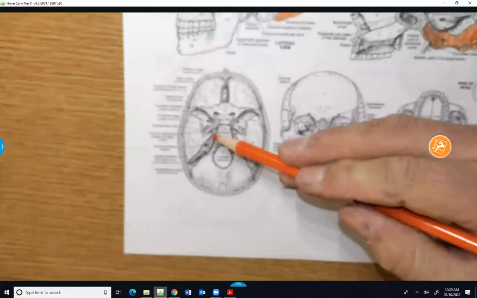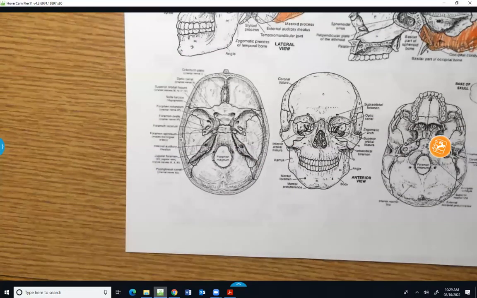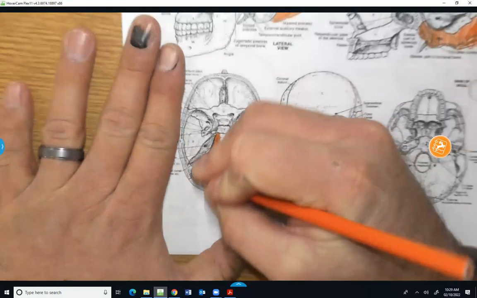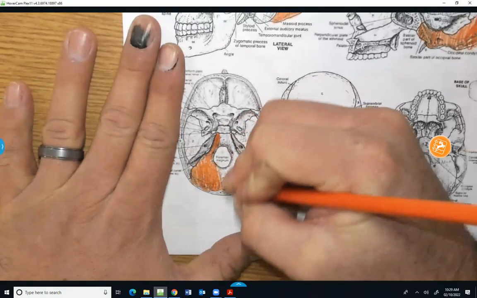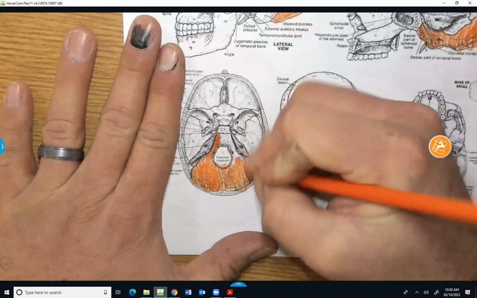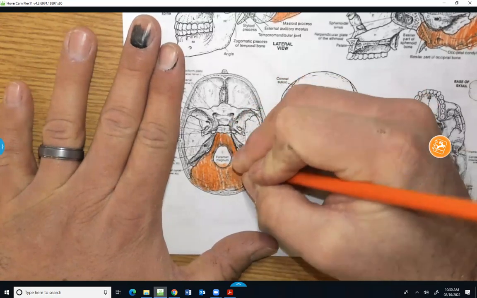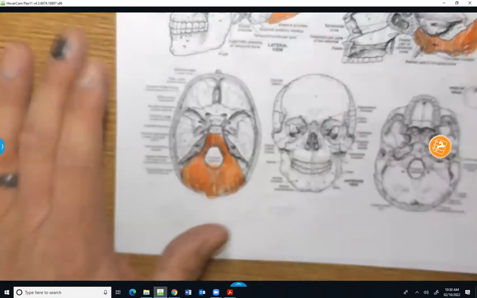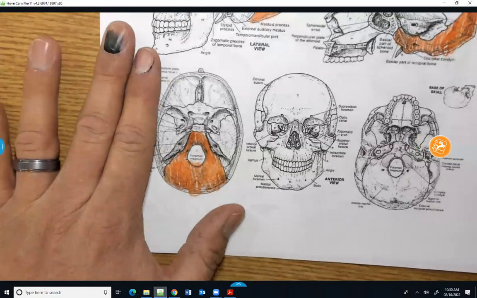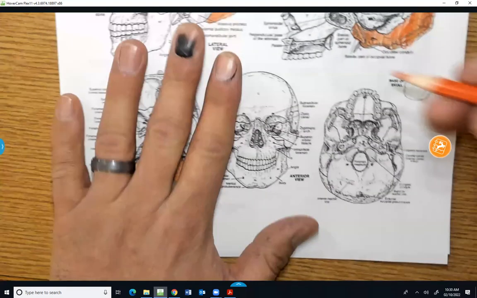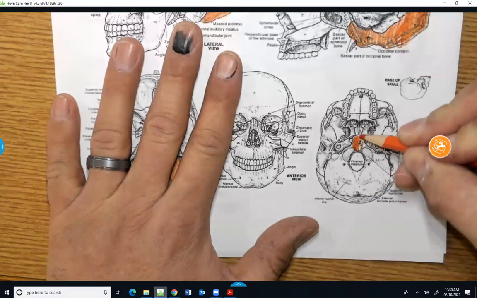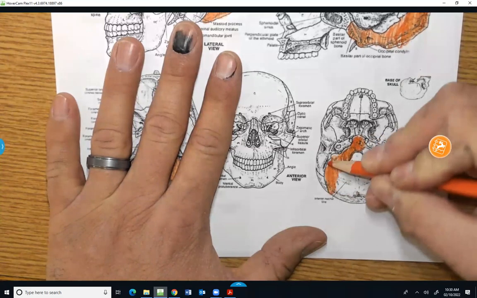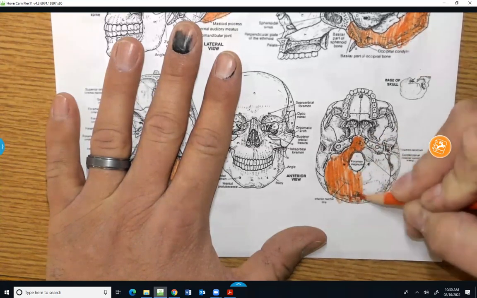This is the interior, so it's just like that cranial floor that we were talking about, the same image we were just using a second ago. I didn't really include this image for this bone, but I'm going to go ahead and use it anyway to color it in since it's visible. And then, like I said, this will be the one that we probably use the most to identify these structures.